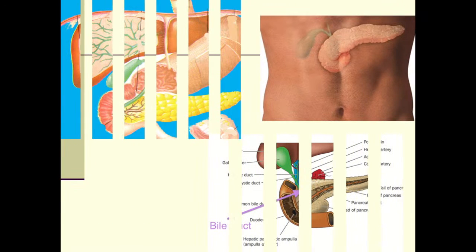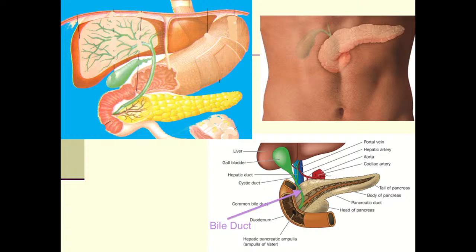The gallbladder is localized on the right lobe of the liver in the right hypochondrium, and its main function is concentration and evacuation of bile.